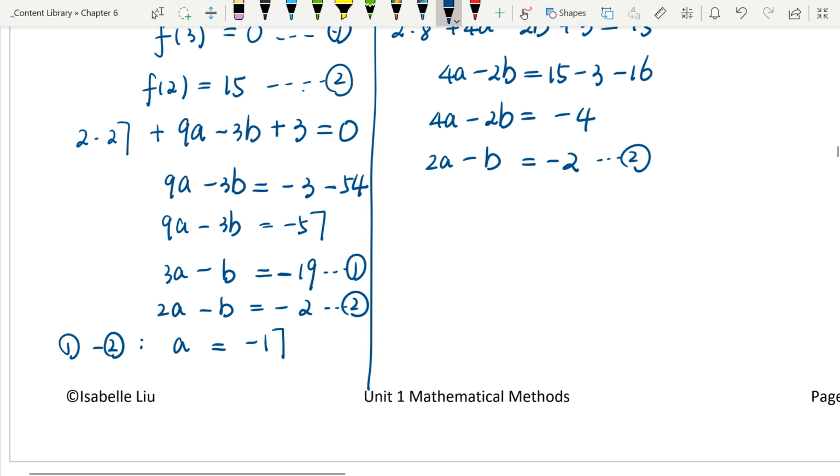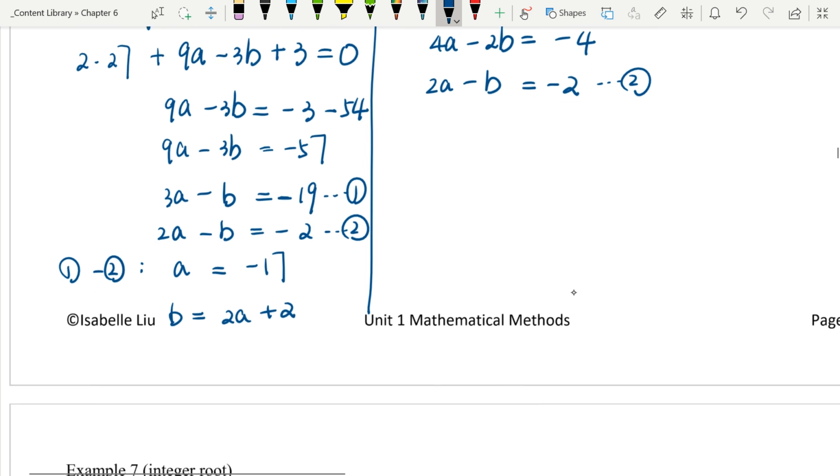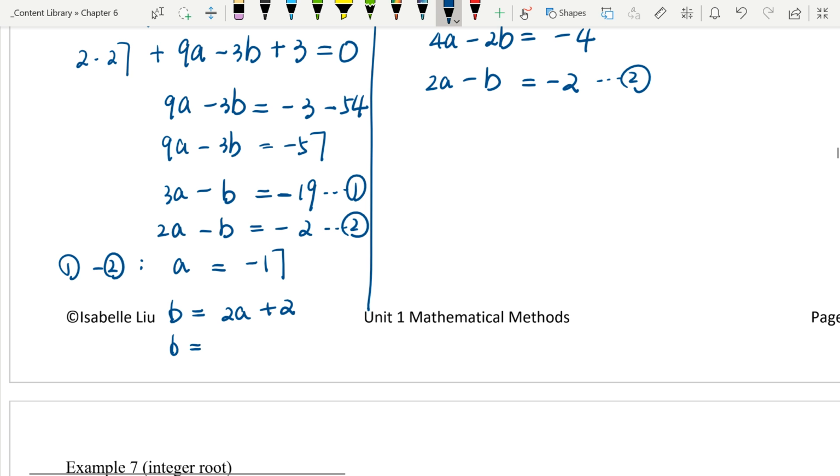And what's b? I'll use the second one to find b. b equals 2a plus 2, which is negative 34 plus 2. And b is negative 32.